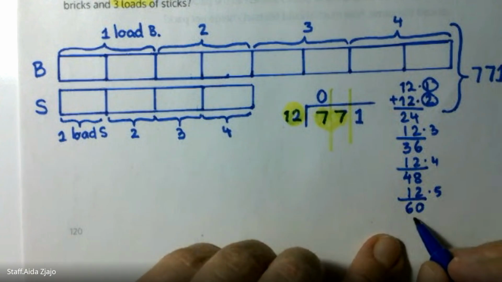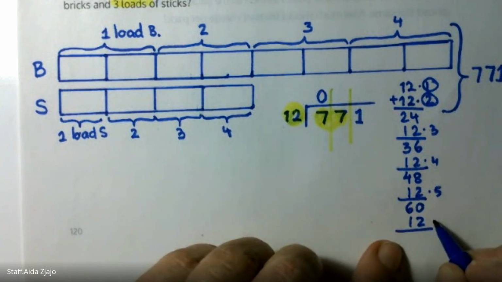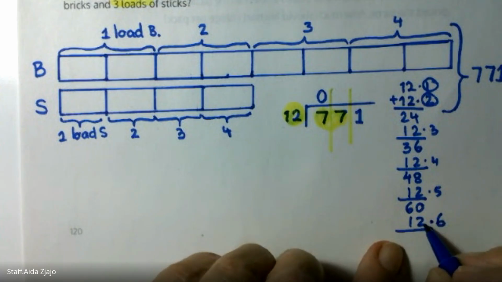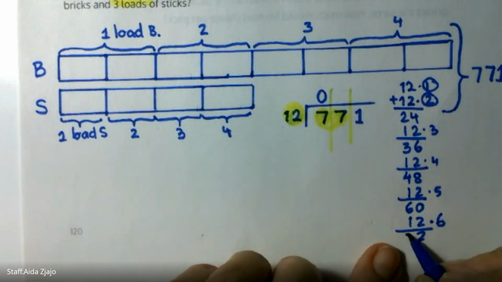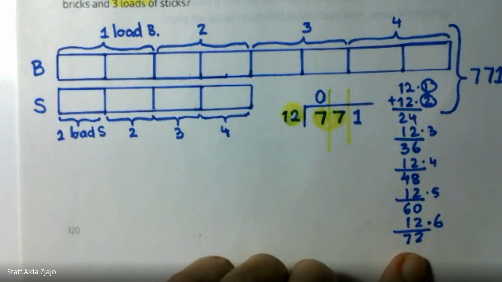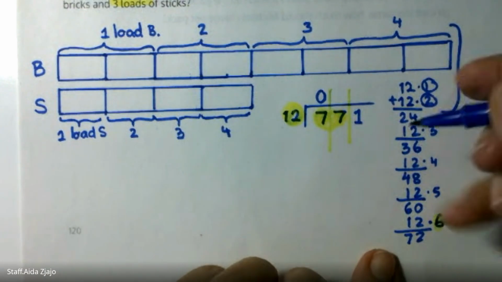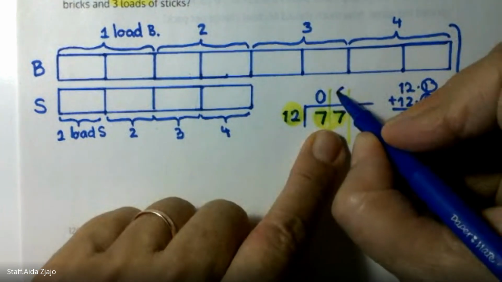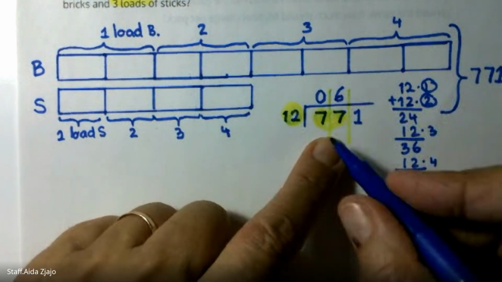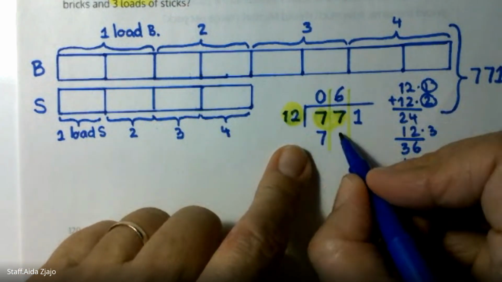Then one more 12 would be 6. So 6 times 12 is 72. I will not go further than 72 because I have 77. 6 times 12 is not 77, it is 72.